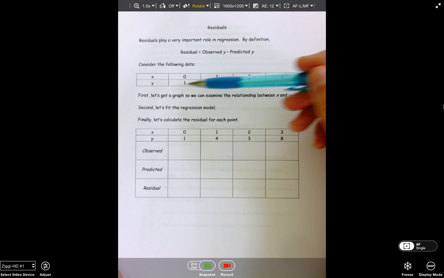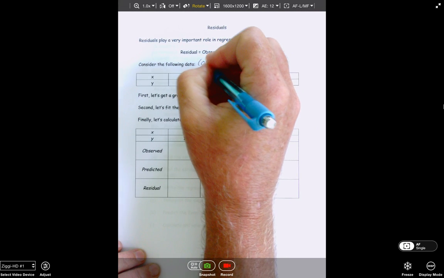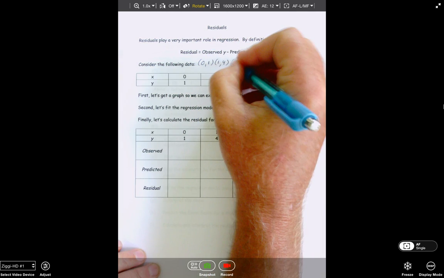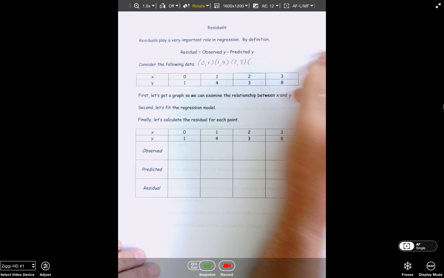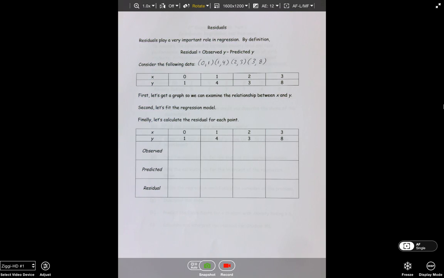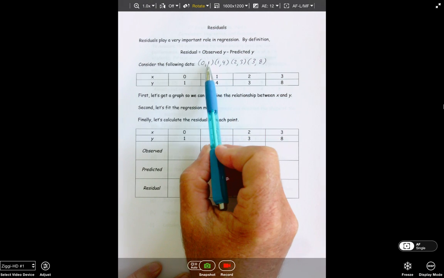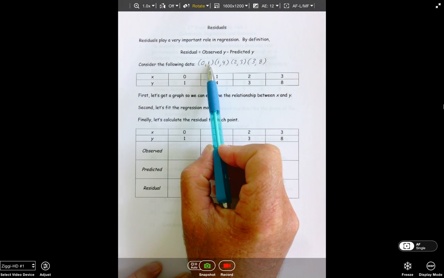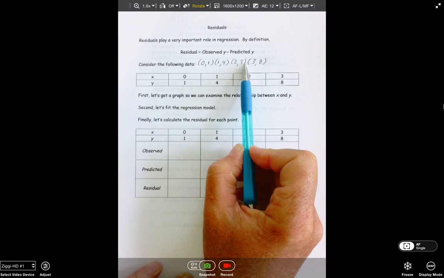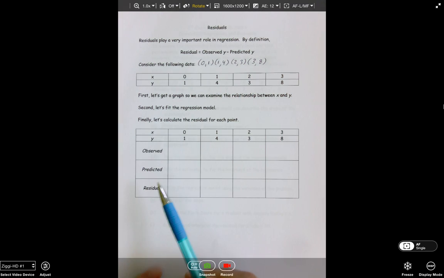The points presented in this table can be looked at as ordered pairs. So the observed y is just the value of y in each ordered pair. The observed y would be 1 here. The observed y in the second ordered pair is 4. The observed y in the third ordered pair is 3, and so on and so forth.